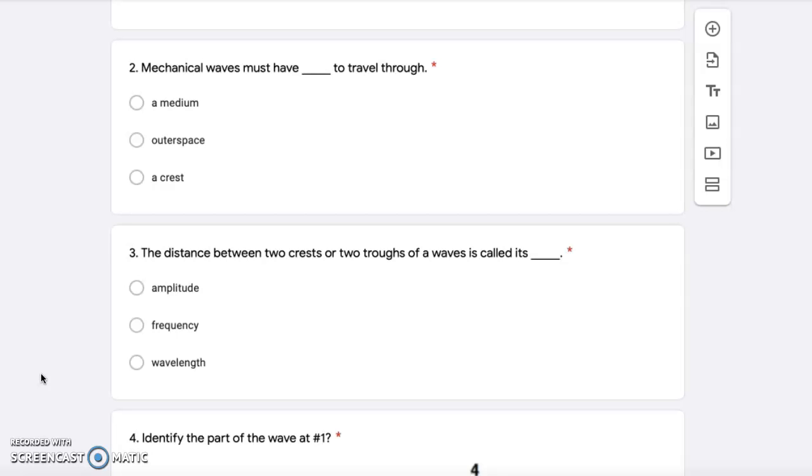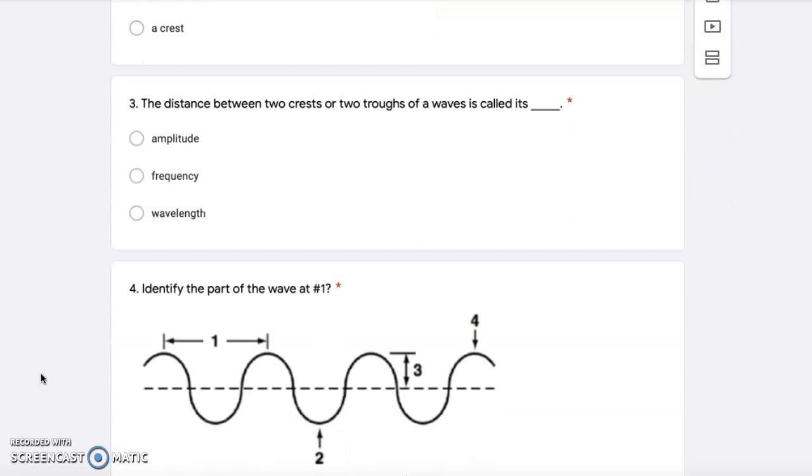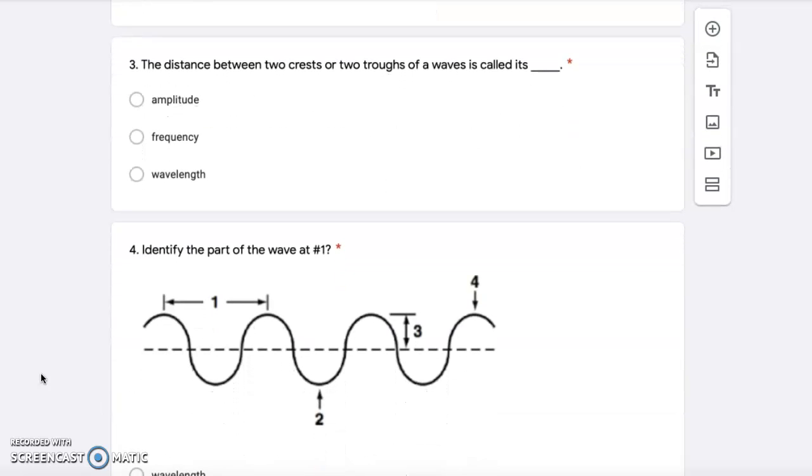A medium, outer space, or a crest. Number 3. The distance between two crests or two troughs of a wave is called its amplitude, frequency, or wavelength.